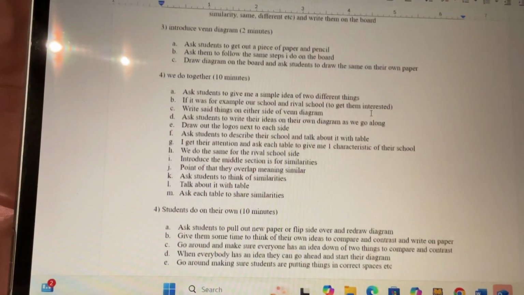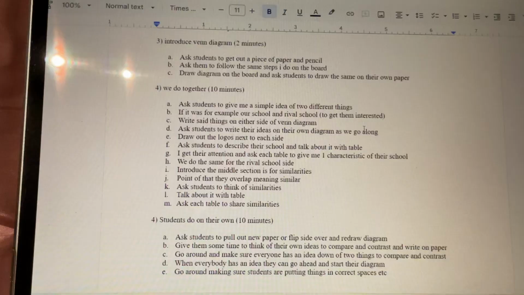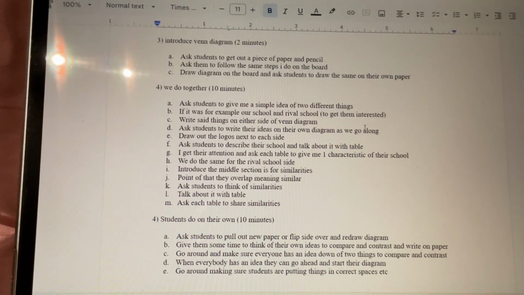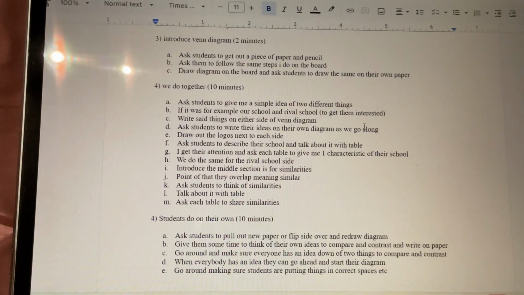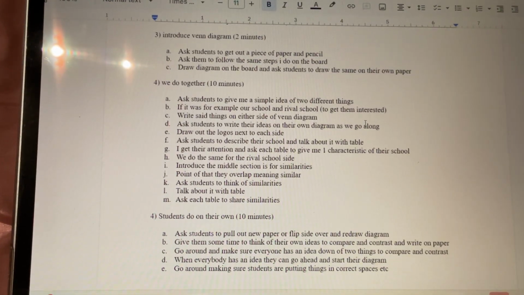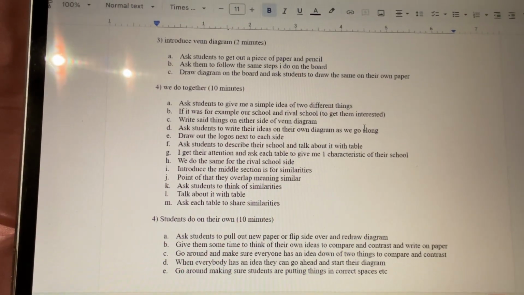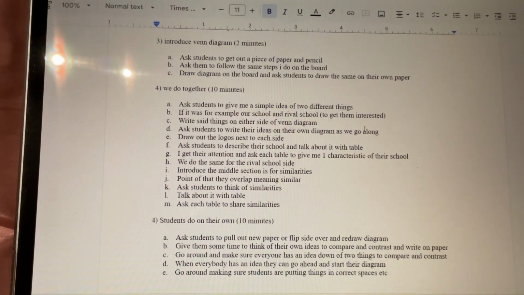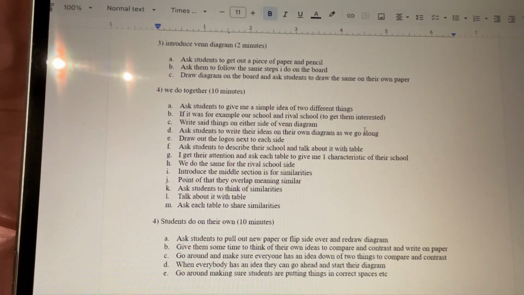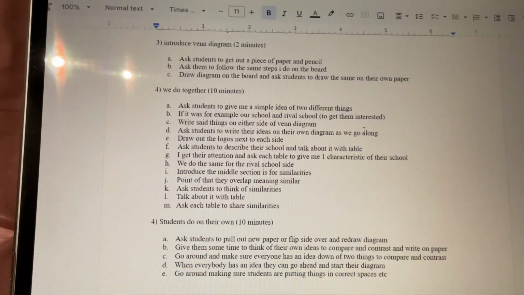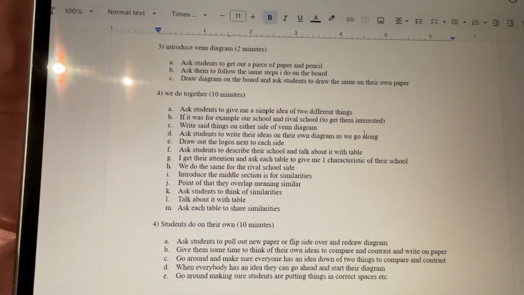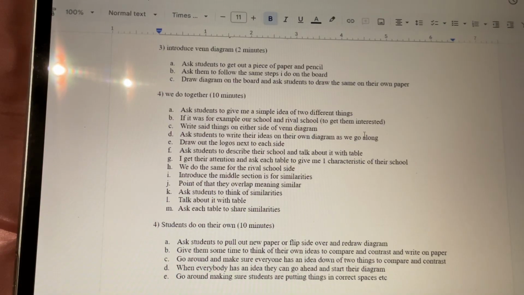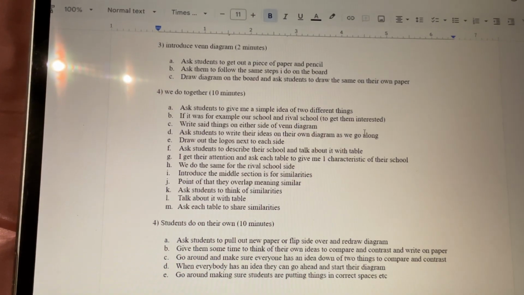So we do a shared definition, and I would introduce the Venn diagram, have them follow my steps, and then this would be a we-do-together activity where I would ask students to give me a simple idea of 2 different things, and we would do our school and a rival school just to keep them interested, and I would write said things on either side of the Venn diagram.